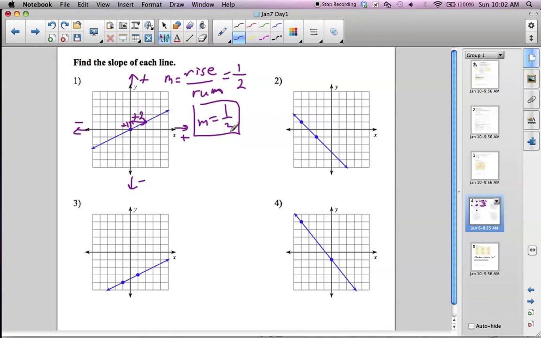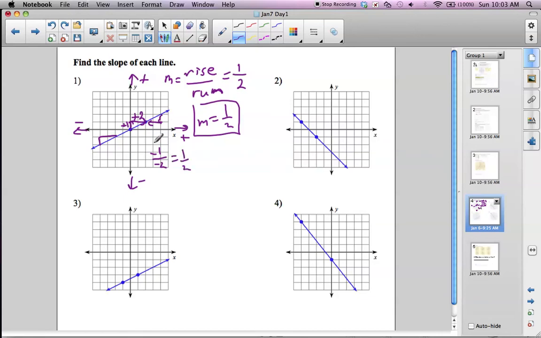Now it's important to note that you could use any 2 points on the line and you get the same slope. Like here you go up 1, right 2, so it's 1 out of 2. You could even go from this point to this point, you can go down 1, left 2, you'll have negative 1 out of negative 2, which is also equal to half.